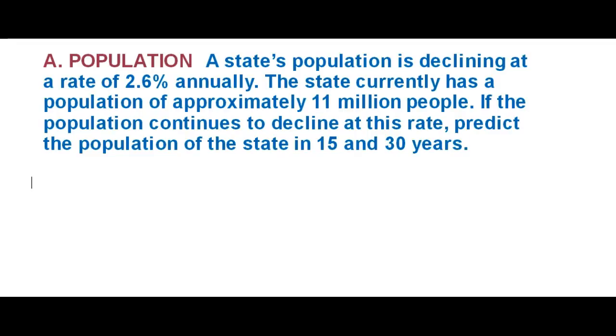We have a state's population declining at a rate of 2.6% annually, and the state currently has 11 million people. If the population continues to decline, predict the population of the state in 15 and 30 years. So what we're going to do is use a very similar equation to the one we used in determining money.